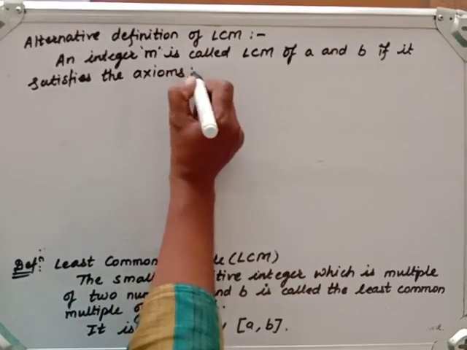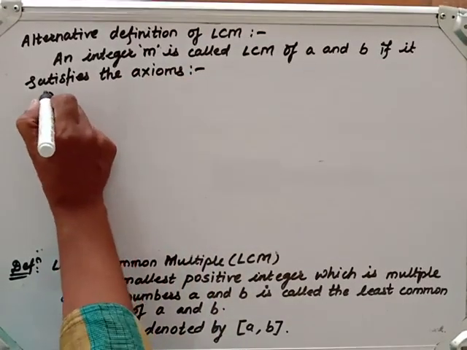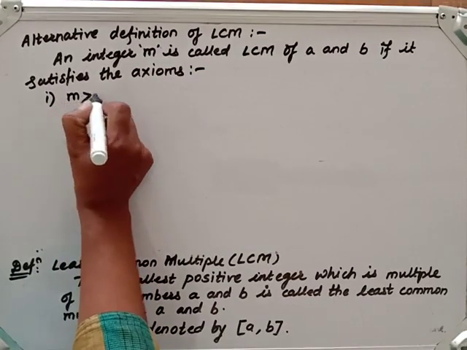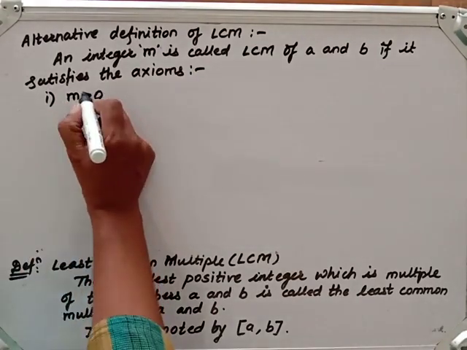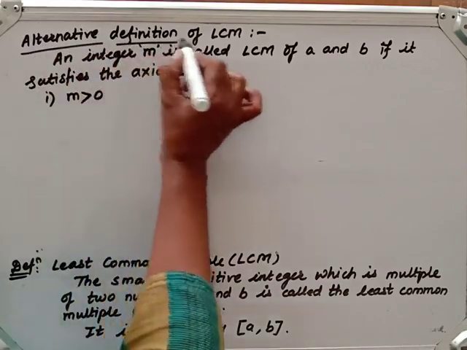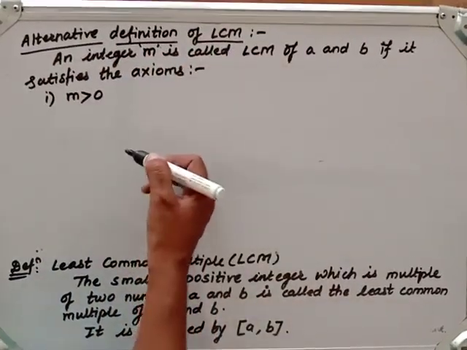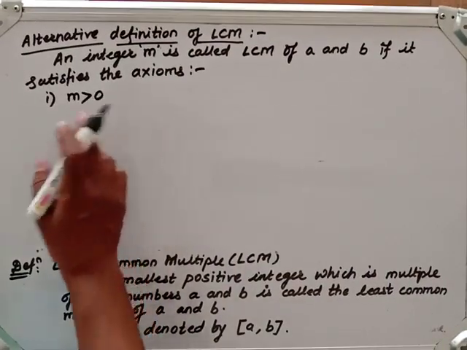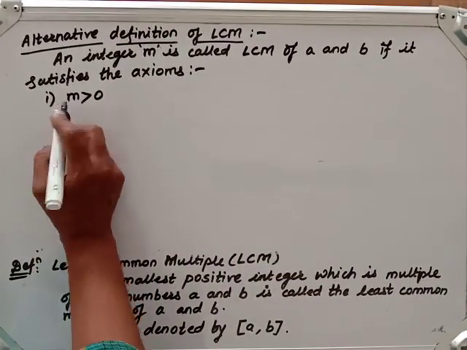Which axioms? The first one is that m is strictly positive. So from this we can see a remark for LCM, that the LCM of any two integers is greater than or equal to 1. It is strictly positive, meaning either 1 or greater than 1.